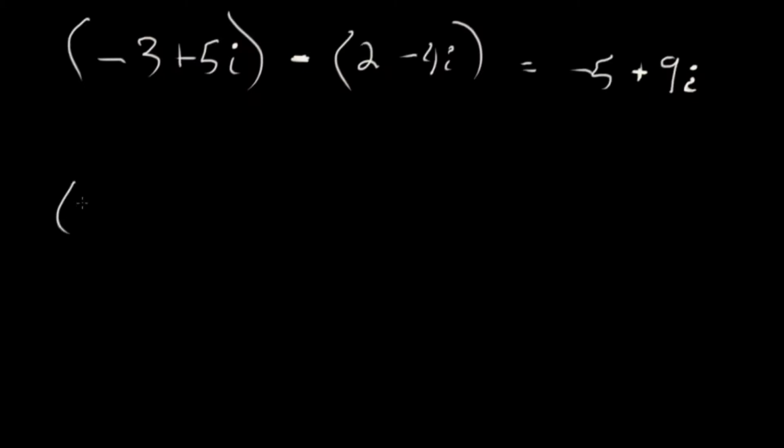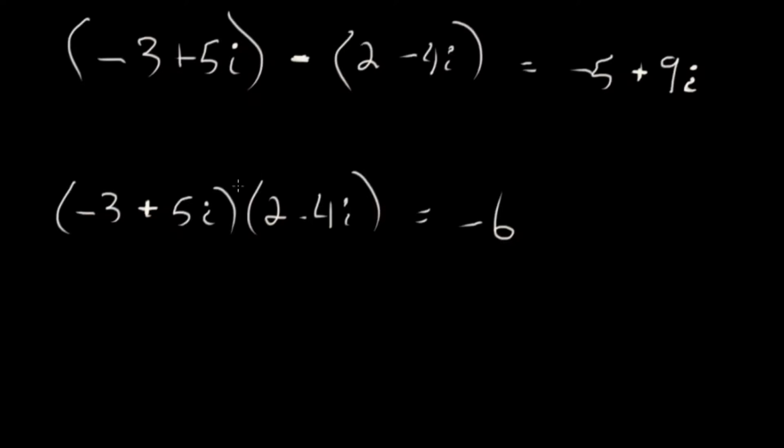All right, how about multiplication? What does that mean? We're actually going to take a break from looking at the meaning, and we are going to just compute, because there's a better way to think about the meaning of multiplication, but we want to get to that a little bit later. So how do we multiply complex numbers in their rectangular form? Negative 3 times 2 is negative 6. We're just going to distribute. 5i times negative 4i, that's going to be negative 20i squared, and we know that i squared is just negative 1.